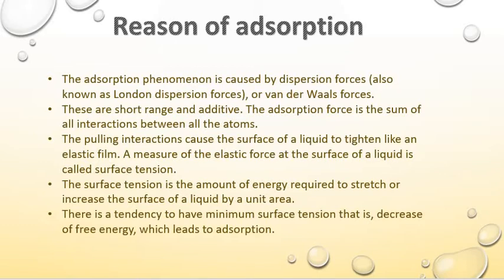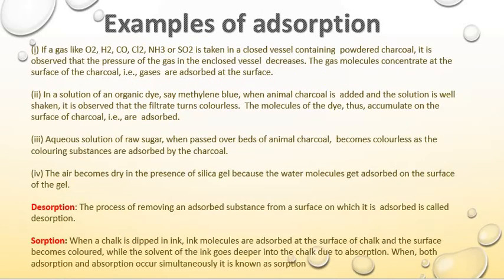Now what are the examples of adsorption? For example, if you have a gas like oxygen, hydrogen, carbon monoxide, chlorine, ammonia or sulfur dioxide taken in a closed vessel containing powdered charcoal, which is acting as the adsorbent, these gases will be adsorbed over the powdered charcoal.